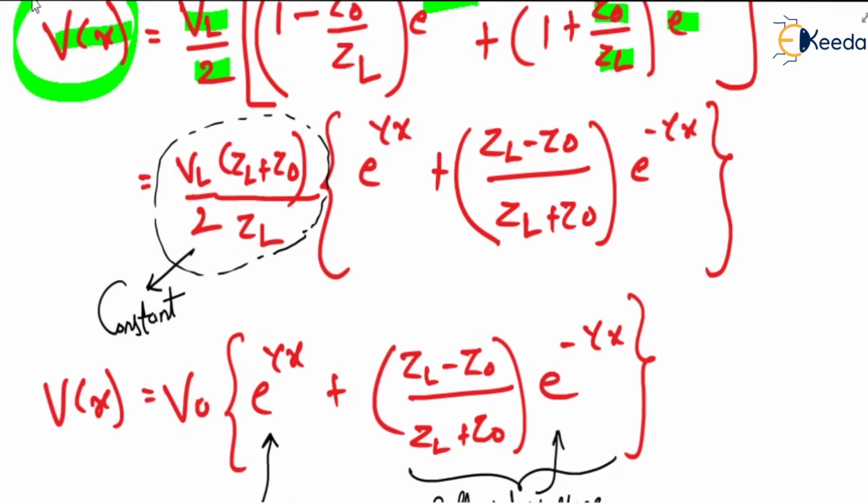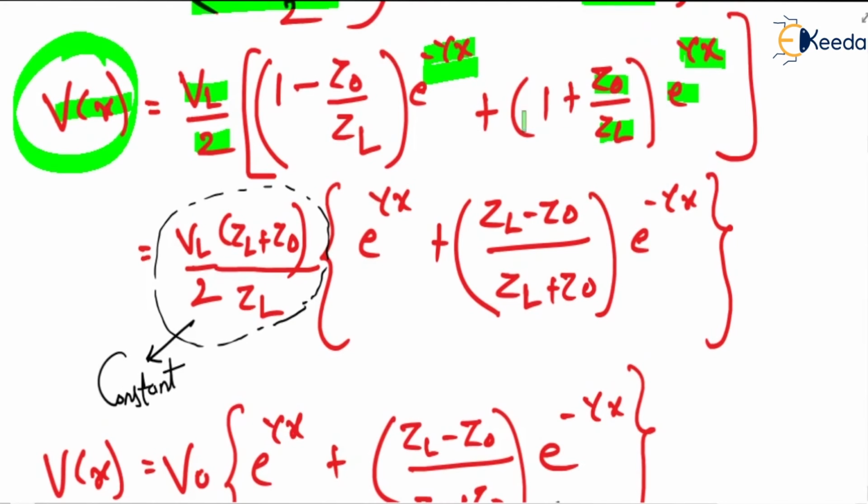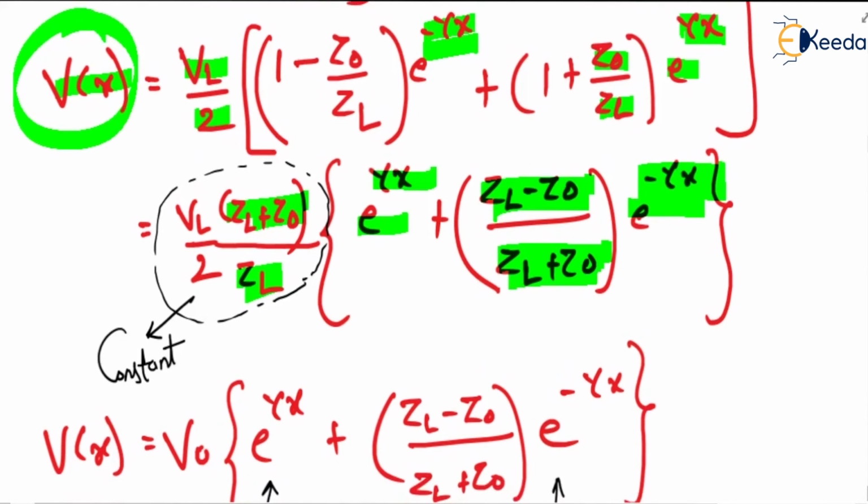So now further we are solving. It is VL by 2, (1 minus Z naught by ZL) e to the power minus gamma x, (1 plus Z naught by ZL) e to the power gamma x. Now we take (ZL plus Z naught) divided by ZL as common. So here it is e to the power gamma x plus (ZL minus Z naught) upon (ZL plus Z naught) e to the power minus gamma x.